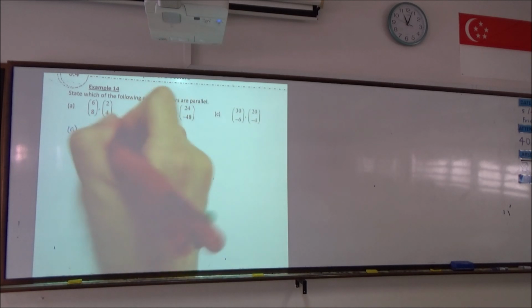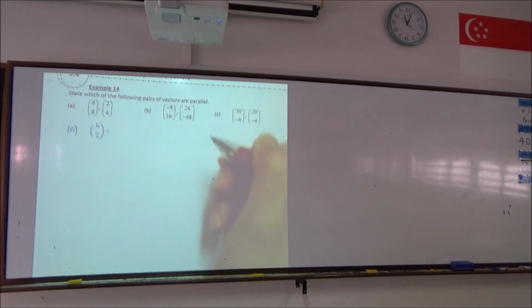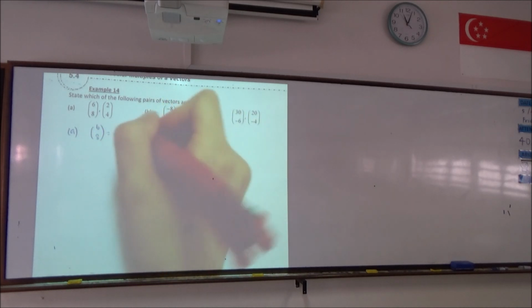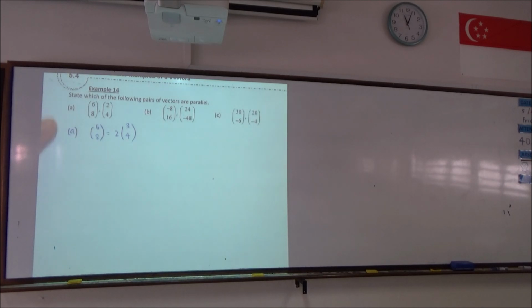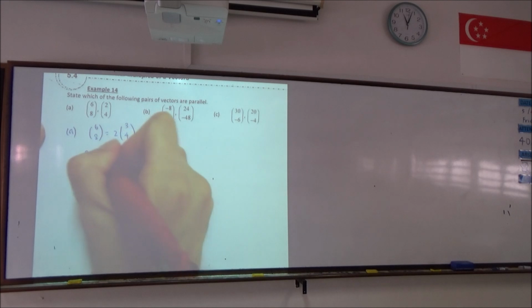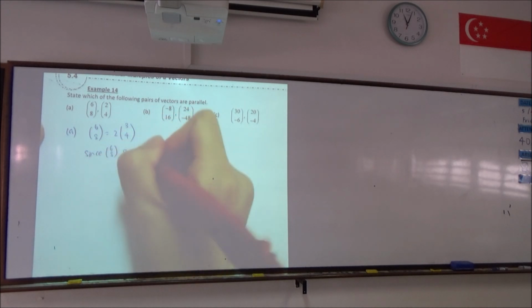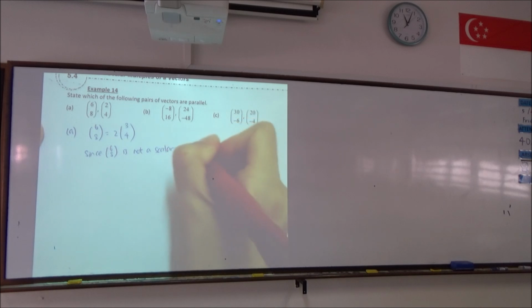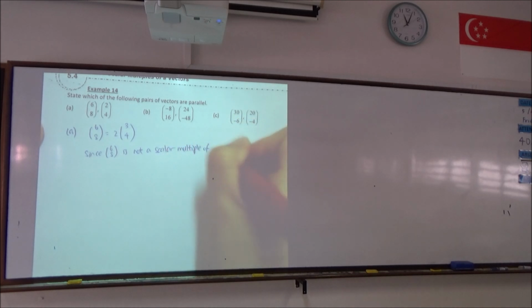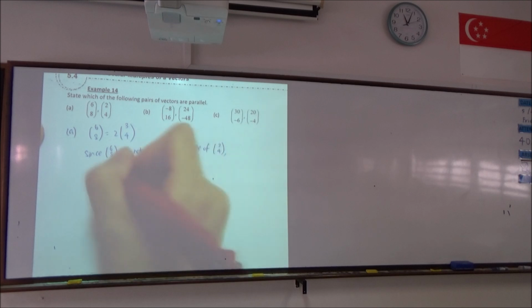We can say that the vector 6, 8 is equal to 2 times 3, 4. So there is no such relation to 2, 4 itself. Since 6, 8 is not a scalar multiple of 2, 4, the vectors are not parallel.